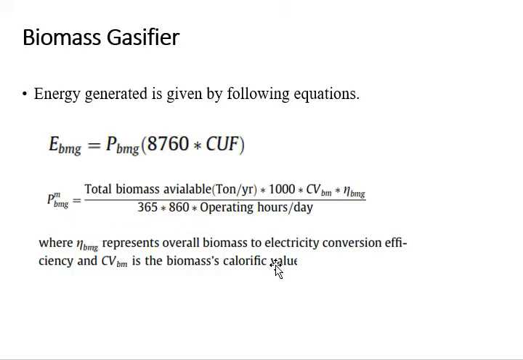So the power generated at each hour can be calculated by this: the total biomass available in tons per year multiplied by 1000, the calorific value of that biomass, and the efficiency, over 365 times 8 operating hours per day. Here is the electricity conversion coefficient of that gasifier, and this is the calorific value of that biomass, CV biomass.